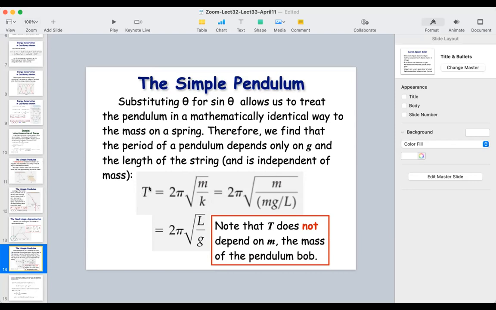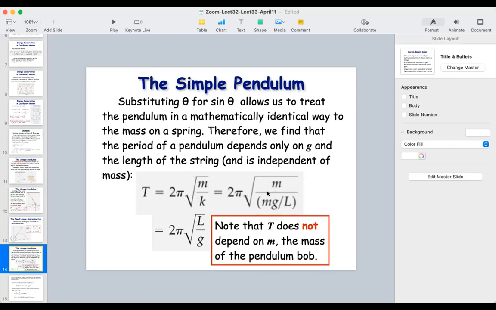So remember before we had that the period was 2 pi divided by omega. So omega was the square root of k divided by m. So if you do all the manipulation, all the changes that you need to do, you find 2 pi square root of m divided by k.